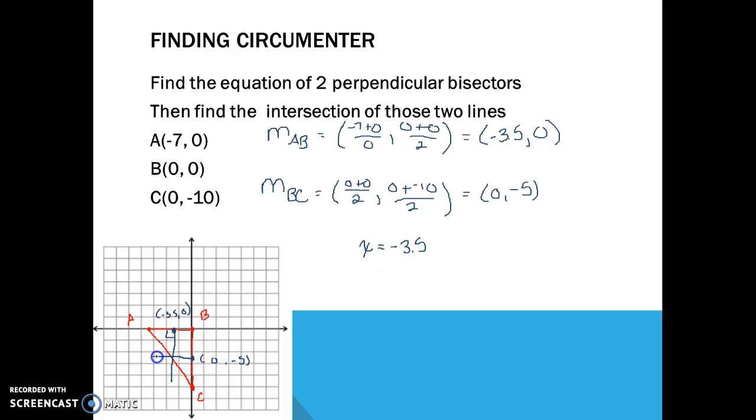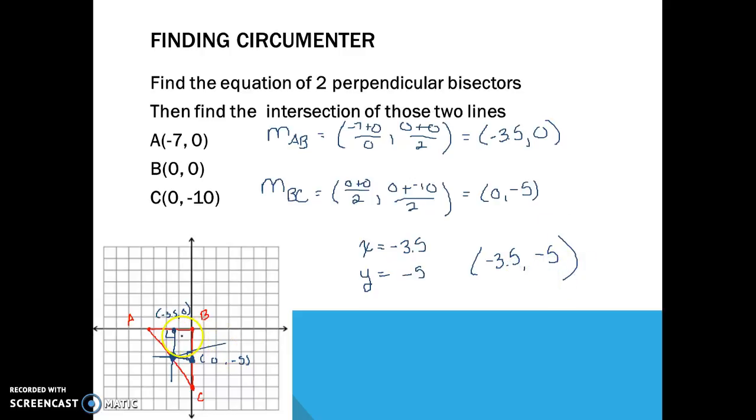The perpendicular to this vertical line right here is going to be a horizontal line. The equation of horizontal lines is y equals whatever y value we need to cross through, which is -5. If we're curious about what point they cross at, we only have one x value and one y value, so the point where these two intersect is (-3.5, -5).